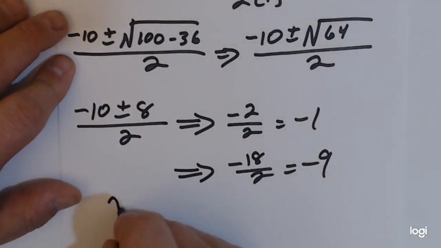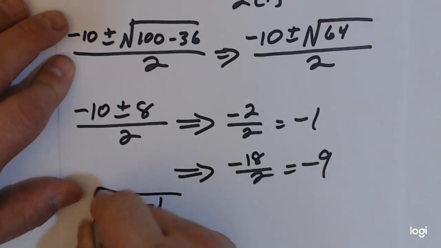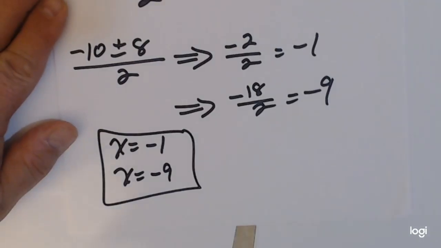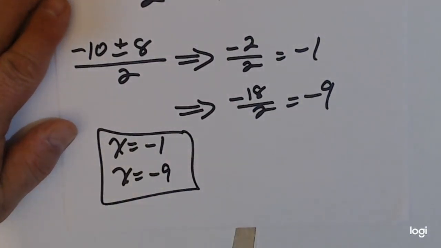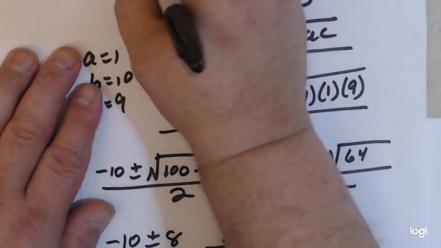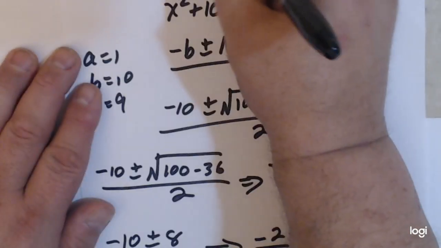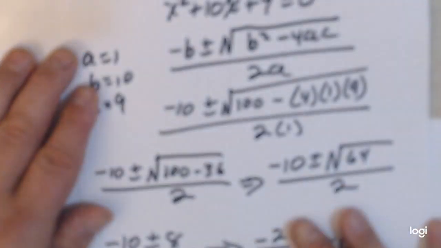So we have x equals negative 1 and x equals negative 9 as the two intercepts. So let's get to the graph of this thing. So let's copy this down. X squared plus 10x plus 9 equals 0.